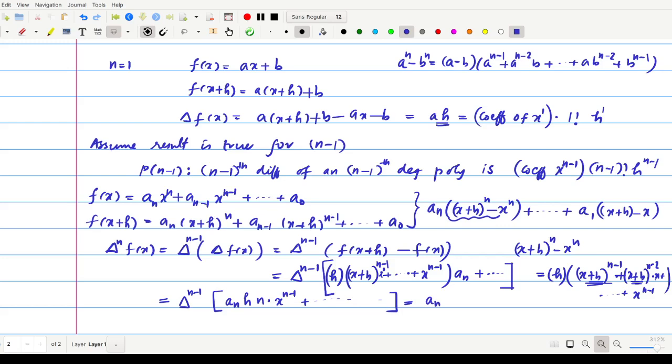So this is the induction hypothesis: the coefficient of x raised to n minus 1 is a_n times h times n into (n minus 1) factorial, and h raised to n minus 1.